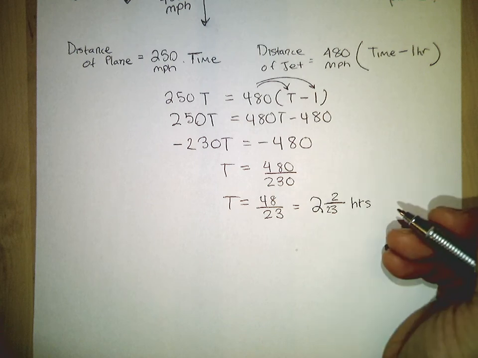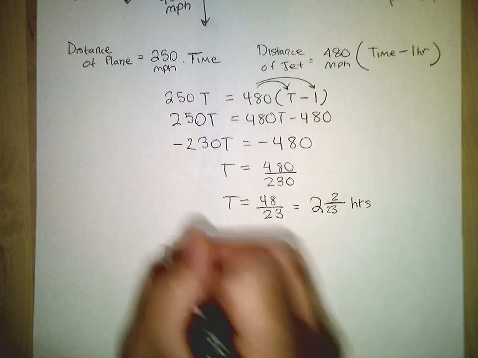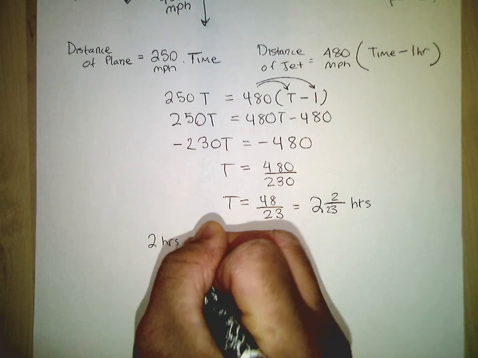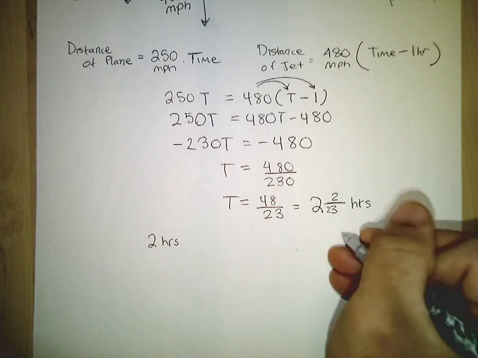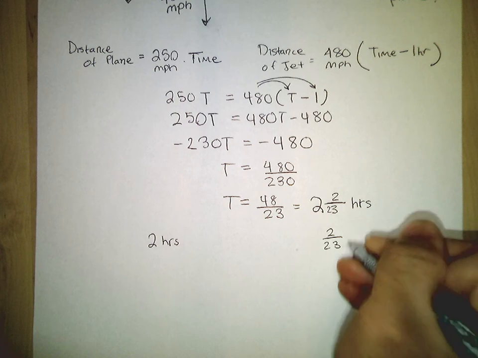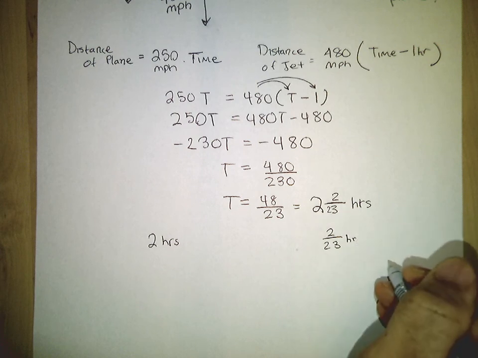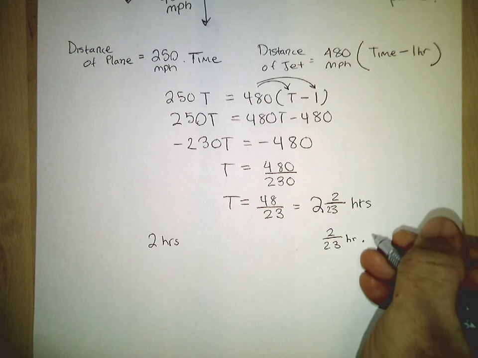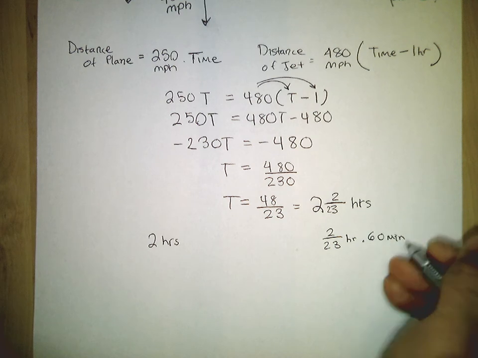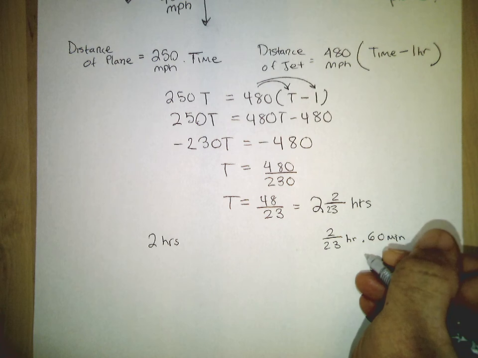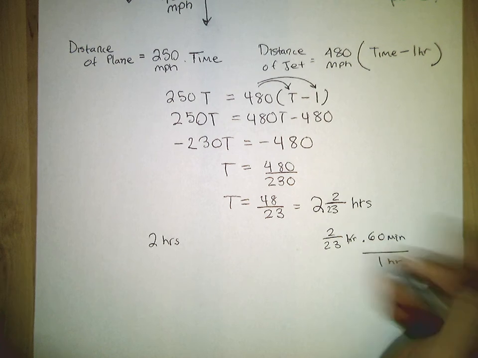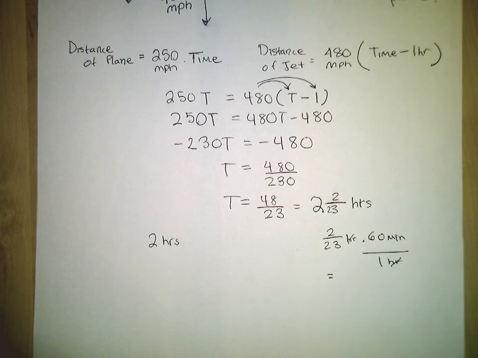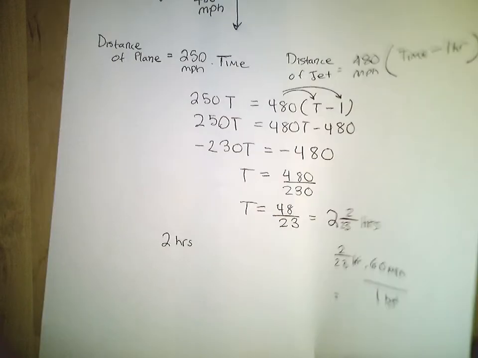So now I have 2 hours, and then I'm going to take the 2/23 of an hour and multiply by 60 minutes in 1 hour, so that the hours will cancel out and just give me the number of minutes.